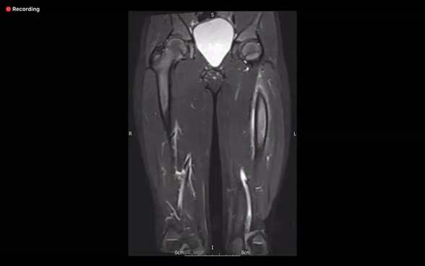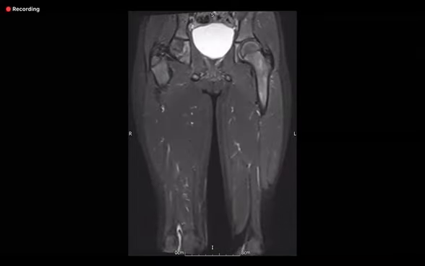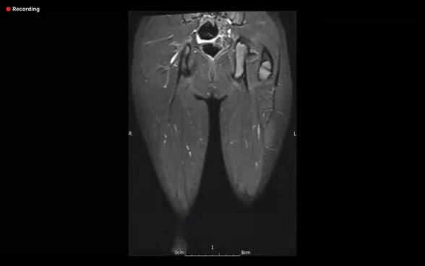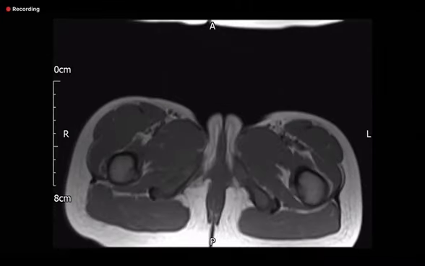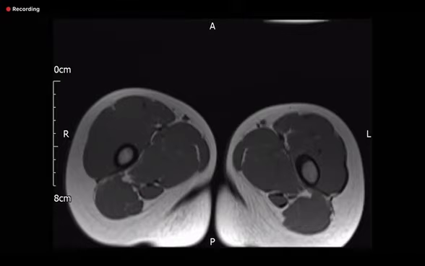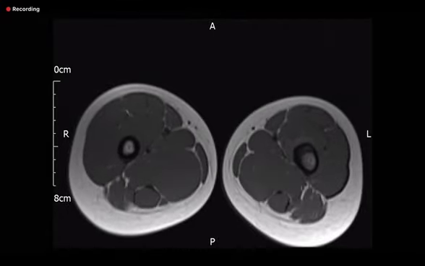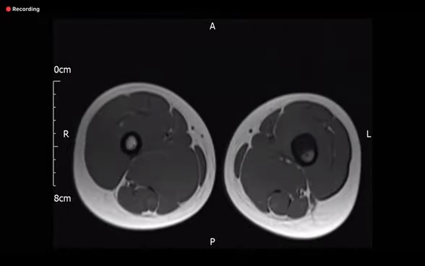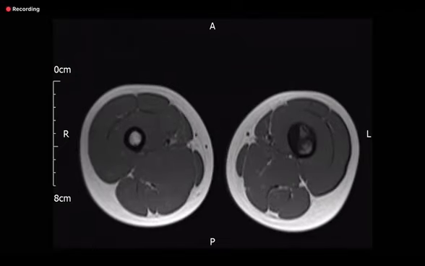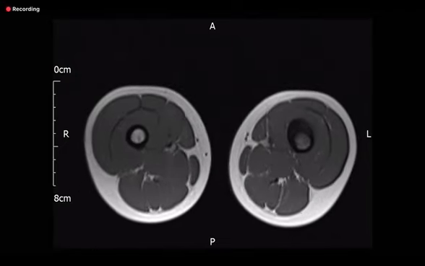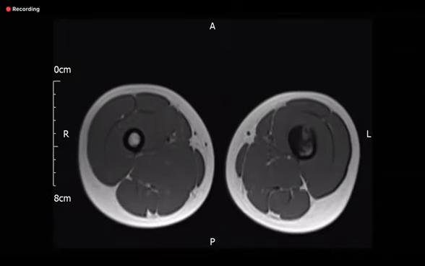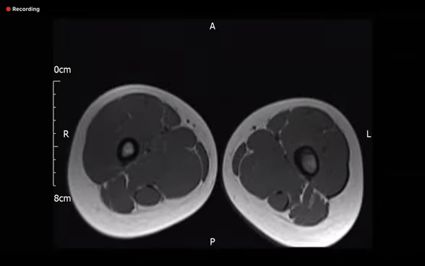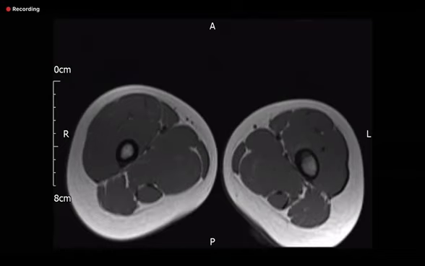Okay, please continue to the next series. And what is this sequence? T2 weighted imaging. Is it T2? It's actually a T1. It's just the marrow looked a bit darker than usual, but it's a T1 axial.